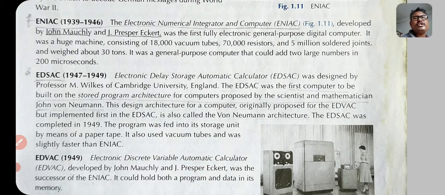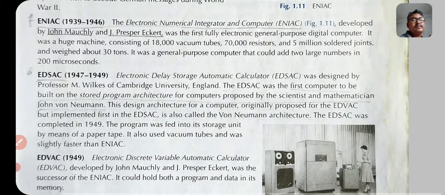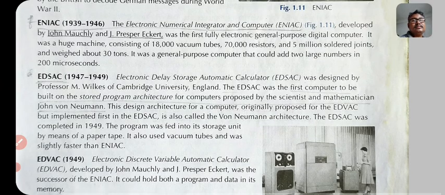It was a huge machine consisting of 18,000 vacuum tubes, 70,000 resistors, and 5 million soldered joints, and weighed about 30 tons. 30 tons means, 1 ton equals 1000 kg, so 30,000 kg weight. It was a general purpose computer that could add two large numbers in 20 microseconds.